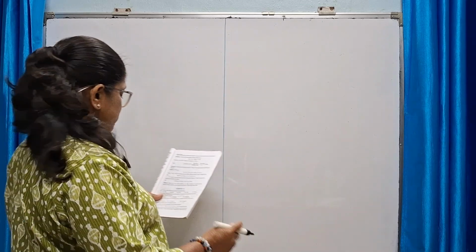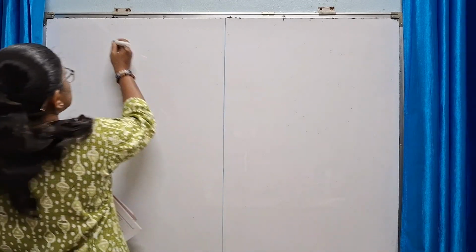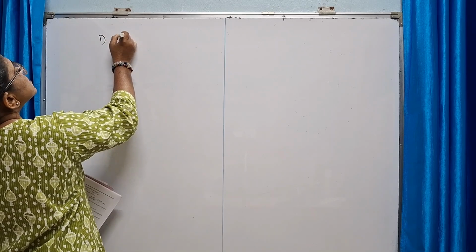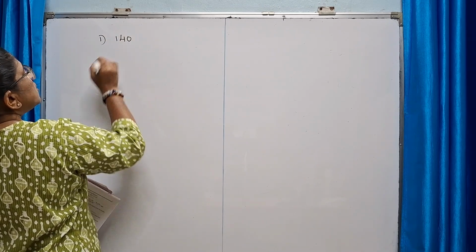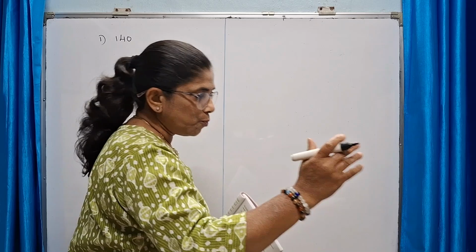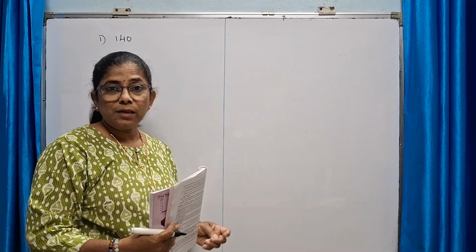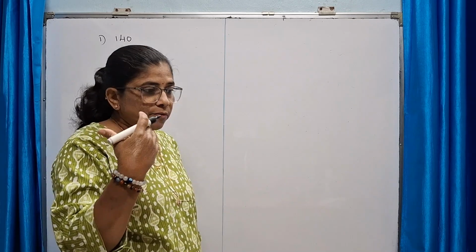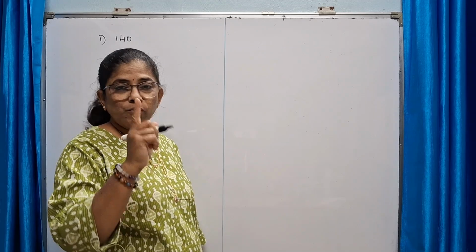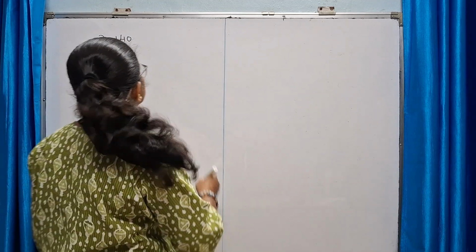The first number which we have to express as the product of prime factors is 140. We cannot start the factorization directly by 10 or 4. No, we have to start with a prime number.